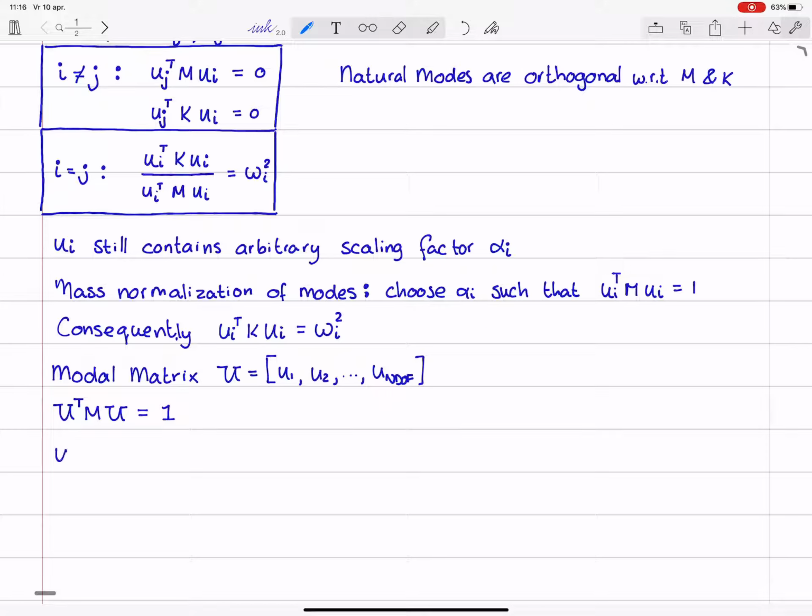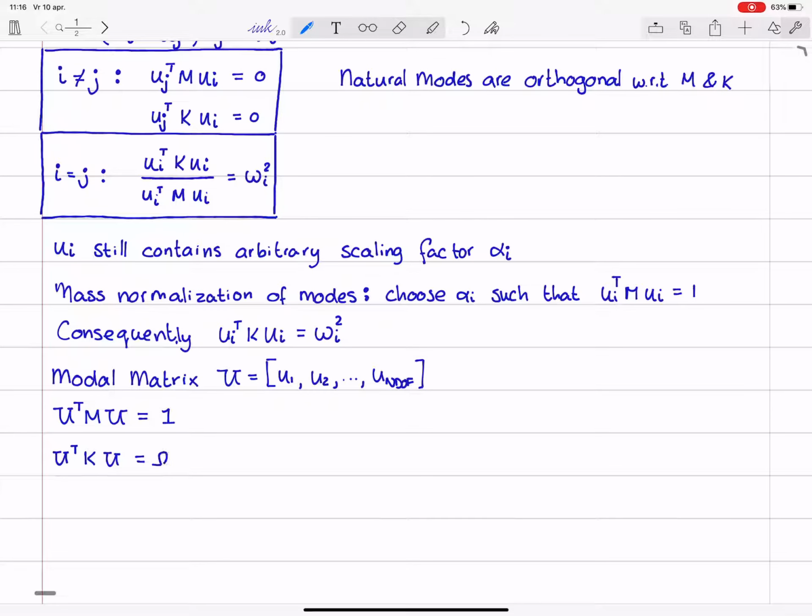And as a consequence, U transposed K U will then equal a matrix with the natural frequencies squared on the diagonal, and all terms that are not on the diagonal are 0, because for those you need a multiplication like u_j transposed K u_i, and these are all 0.